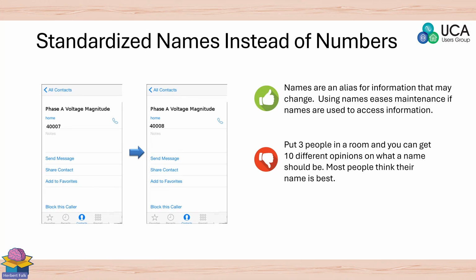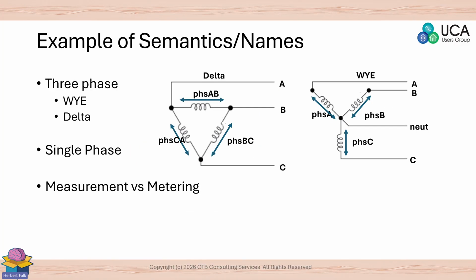The problem with names is you put 3 people in a room and they come up with 10 different names, and utilities all have their own naming conventions. And for those of you who haven't seen it, I've seen it, and it makes it difficult for one utility to communicate with another utility. So 61850 actually defines named semantics. And here's an example.